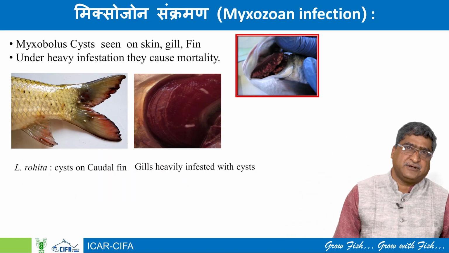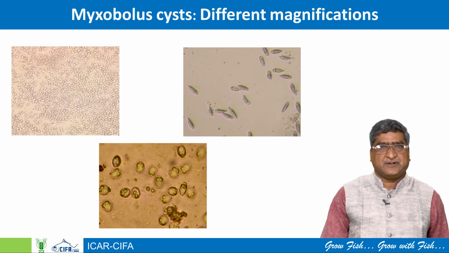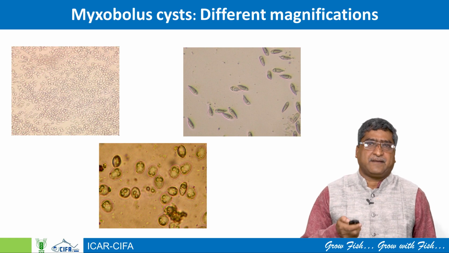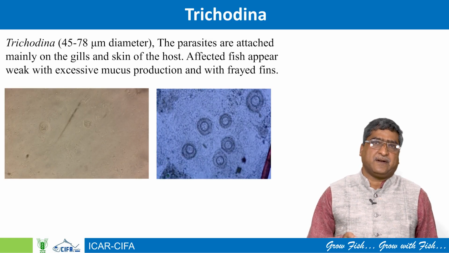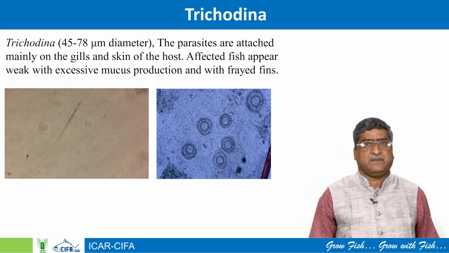Then we have myxozoan parasites or Myxobolus. Myxobolosis, you have Myxobolus which you can see under the microscope, and Trichodina, you can see under the microscope. Take a smear from the gill and examine under the microscope.